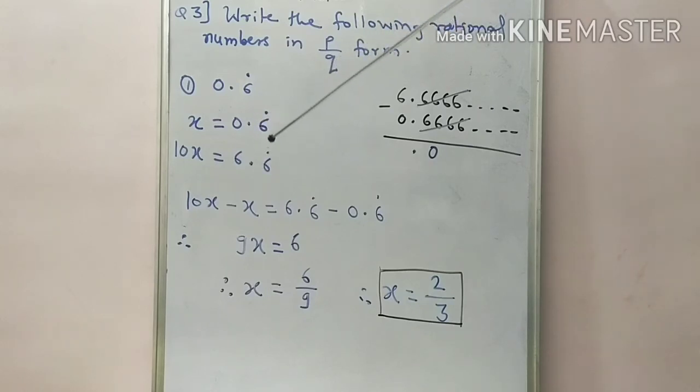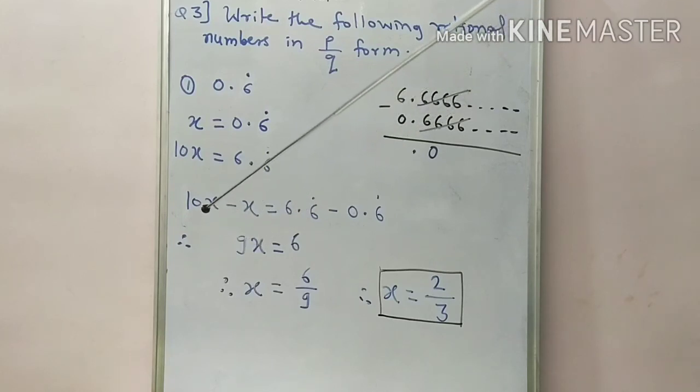This recurring part is eliminated as you do subtraction. So always do the subtraction as 10x minus x equal to 6.6 recurring minus 0.6 recurring. Subtract the smaller from the greater number. So here you get the answer 9x.